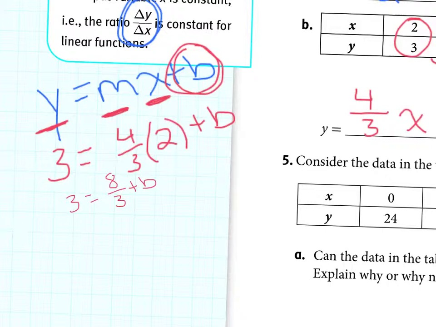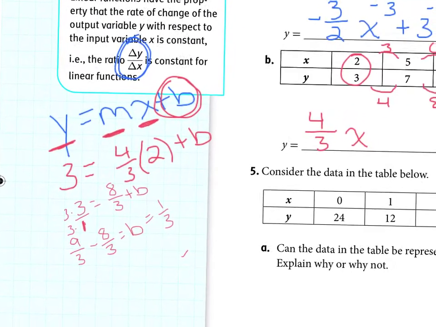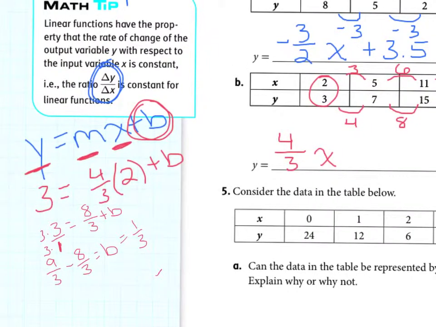So what can I do to 3, which is like 3 over 1, to make it have the same denominator so I can subtract that 8/3 from it? Well, if I multiply the numerator and denominator by 3, it would have the same denominator. So 9/3 minus 8/3 is going to equal b. Well, that's 1/3. So plus 1/3.